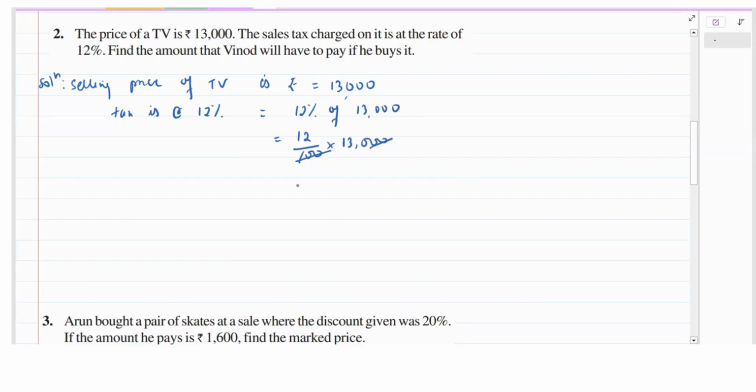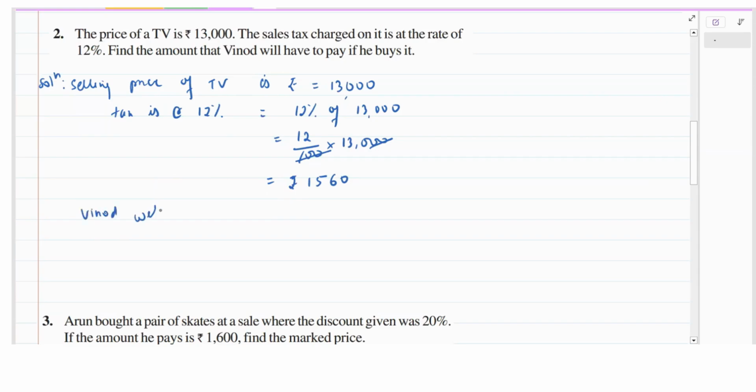We can cancel two zeros, and then 12 into 13 we have to do. And this is something like rupees 1560.